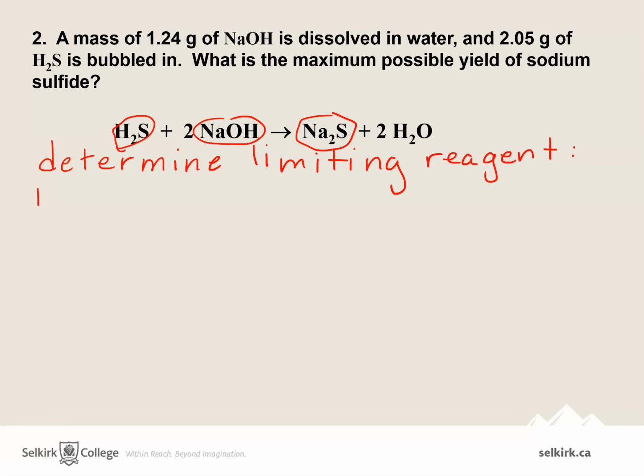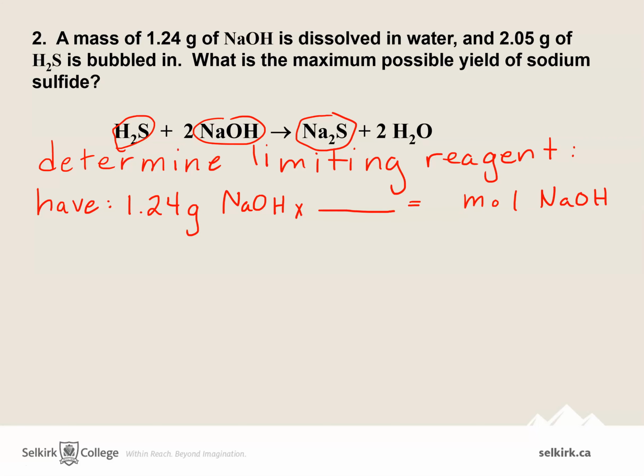So as I said before, I'm just going to have a few words of clarification. I'm going to say that I have so many moles of sodium hydroxide. I want moles of sodium hydroxide, but the question gives me 1.24 grams of sodium hydroxide. Now, this is not how I did it in high school, but I am so convinced that I love dimensional analysis, I'm going to use it again here.